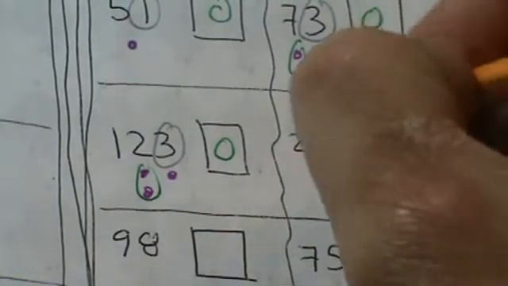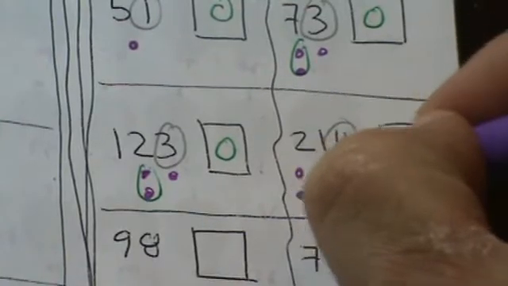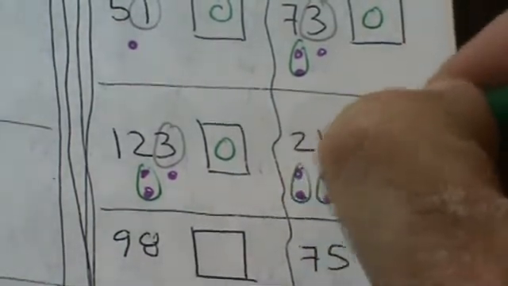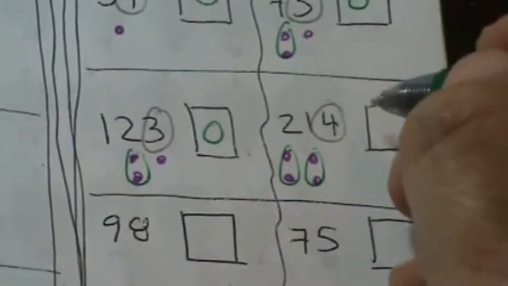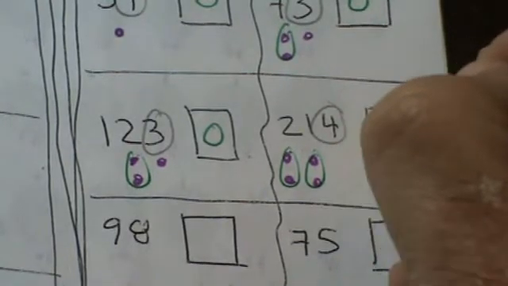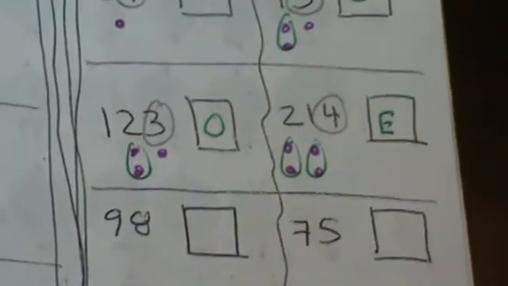214. I circle the 4. 1, 2, 3, 4. Now the circles. Pair, pair. I don't want any left. So this is even. I don't have any left.